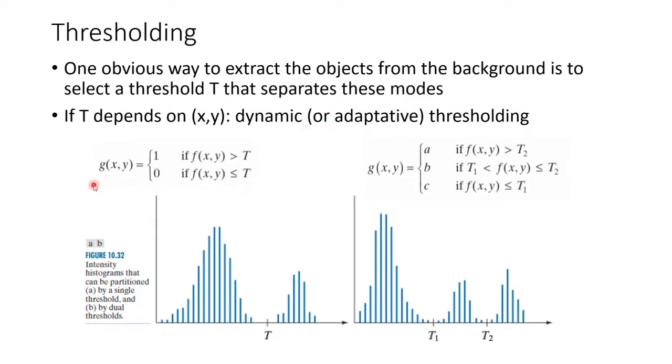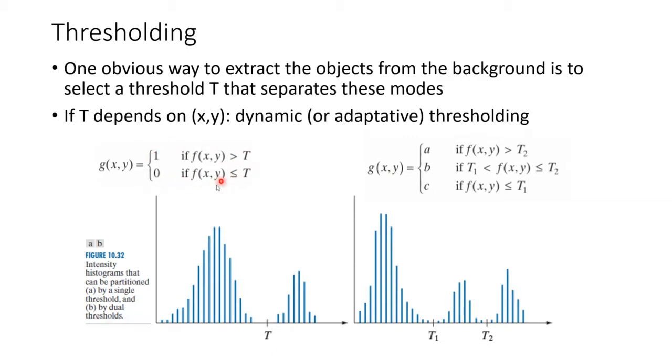But basically, remember that an image is just a function of spatial coordinates that gives you an intensity value. So if you're labeling foreground with label 1 and background with label 0, we segment by taking whatever intensity level is greater than a threshold and labeling it 1.